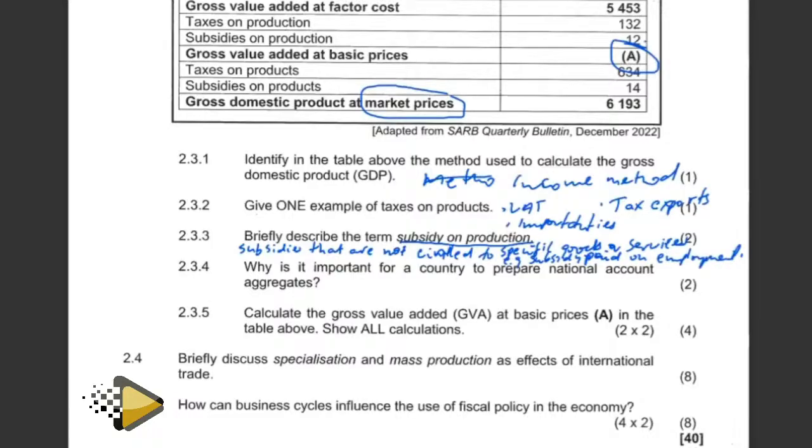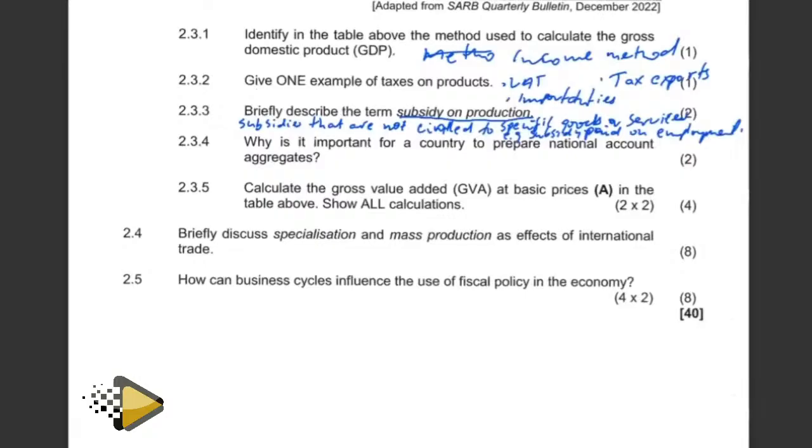Okay, right, grade 12. So now let's move on to the next question, 2.3.4, and 2.3.4 reads as follows. Why is it important for a country to prepare national account aggregates? So the country should prepare national account aggregates because it should take into account measuring economic growth from one year to the next.